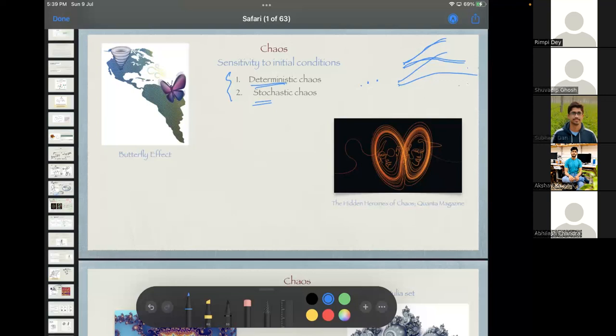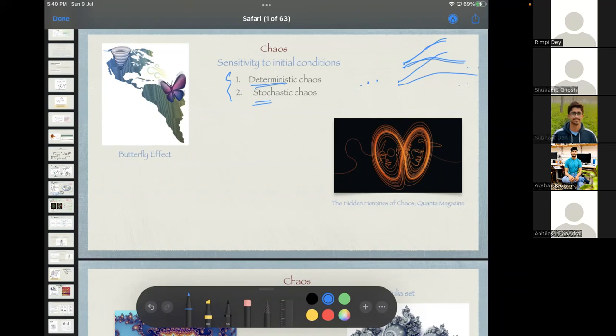In earlier days, there was a weather forecasting model, and some scientist was solving that model numerically. He observed that the variation of air pressure due to a flying butterfly, let's say in South America, could cause a tornado in North America.